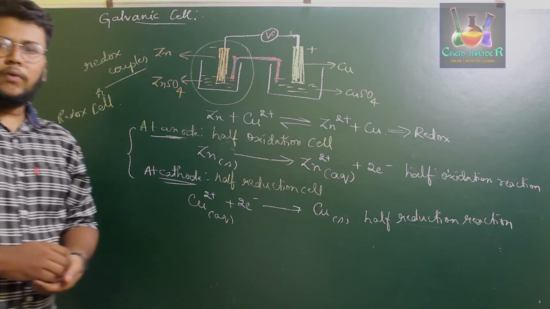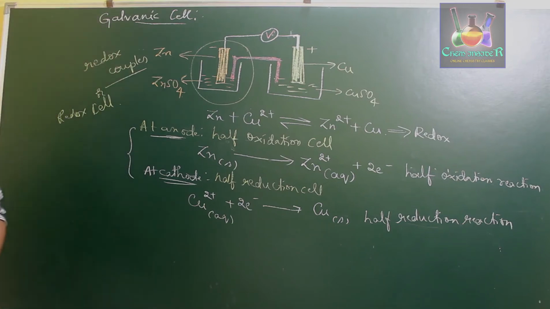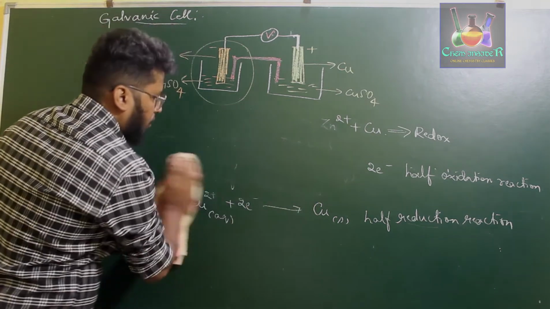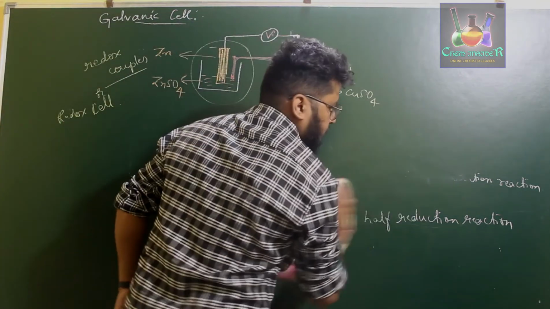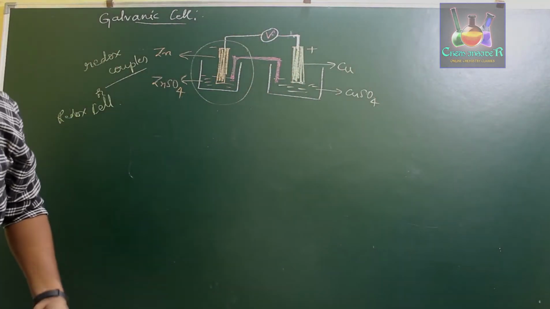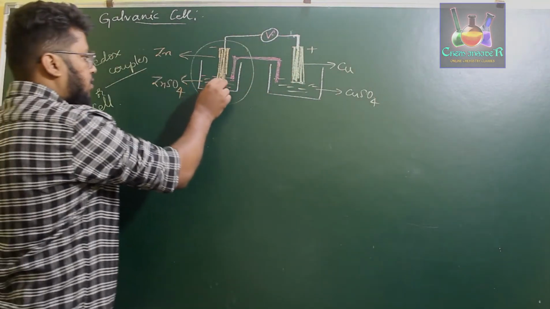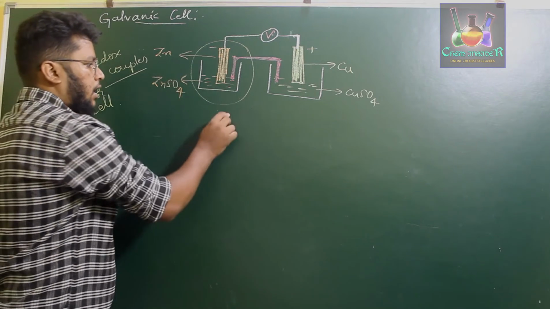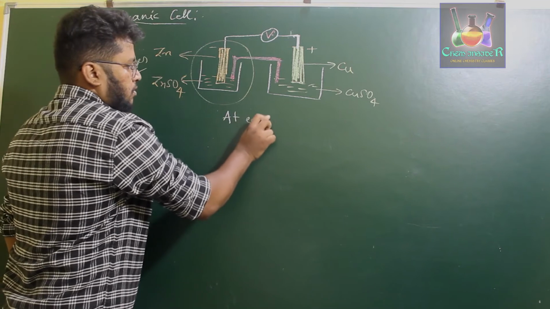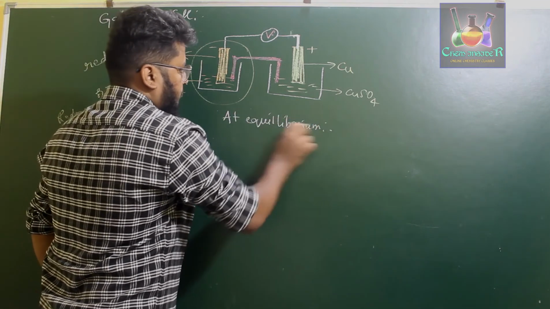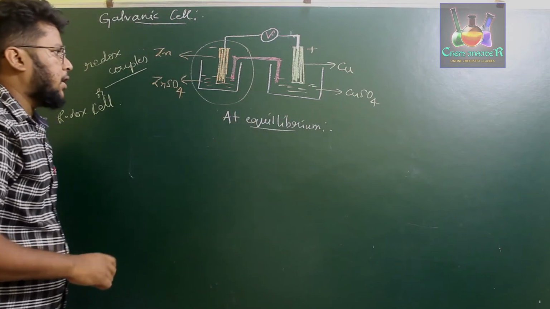Now, when we consider that particular condition, we create an electrode-electrolyte interface. We create an electrode-electrolyte interface if we consider zinc and zinc sulfate itself at equilibrium.